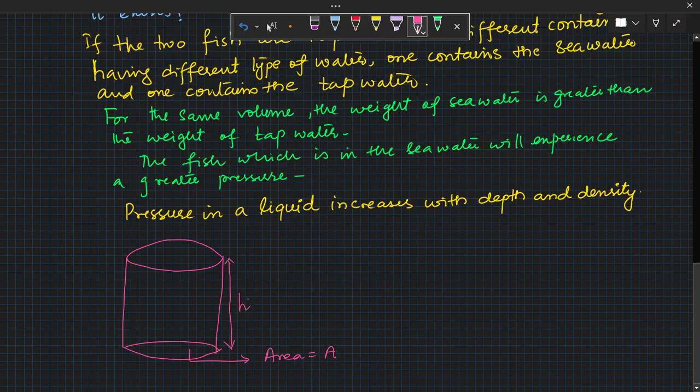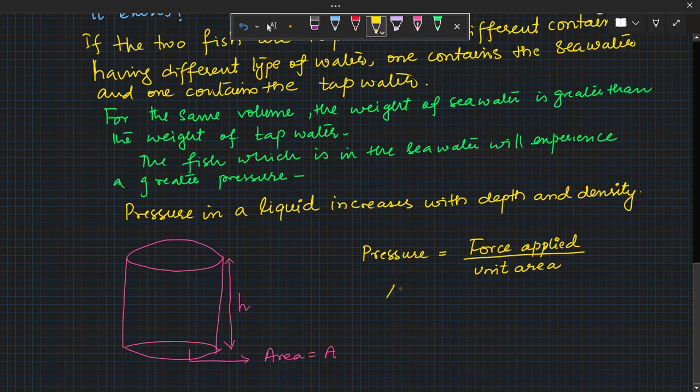Now, by the concept of pressure, what we know is pressure is force applied per unit area, right?